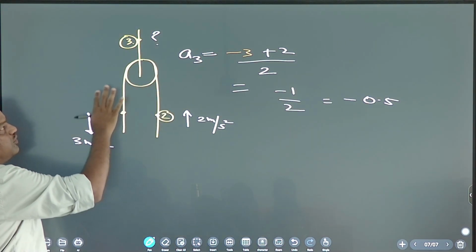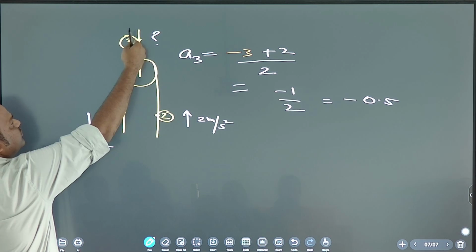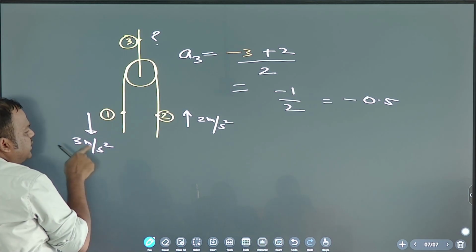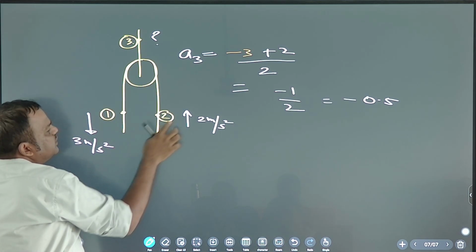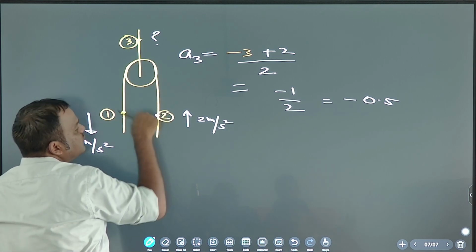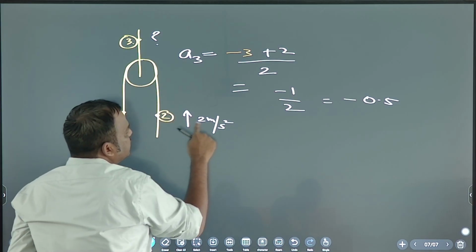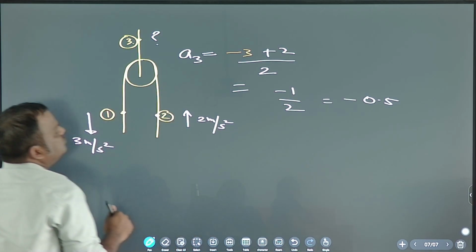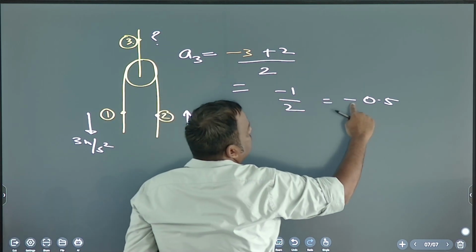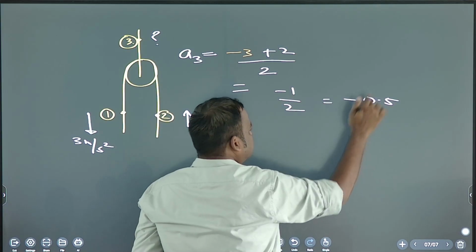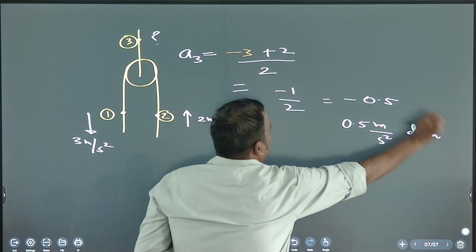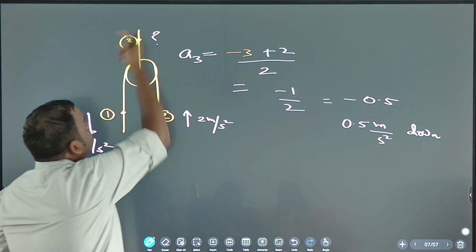So the acceleration of 3, if point 1 is going down with 3 meter per second square and point 2 on the string is going up with 2 meter per second square, is that point 3 will go down with 0.5 meter per second square.